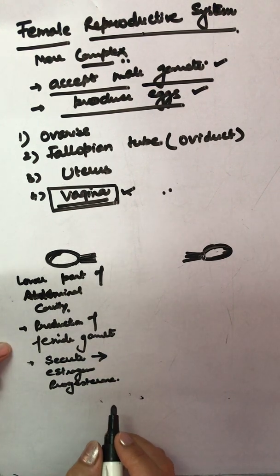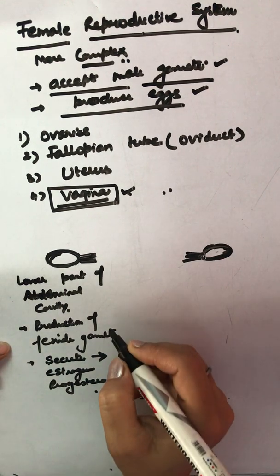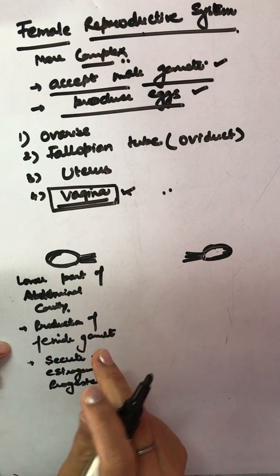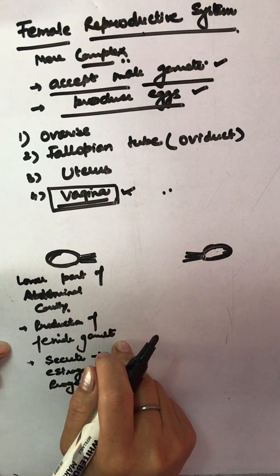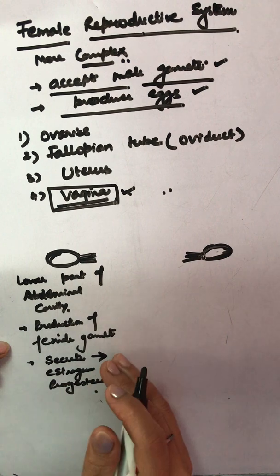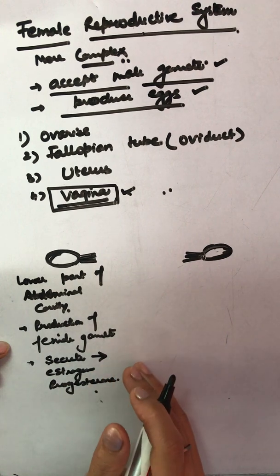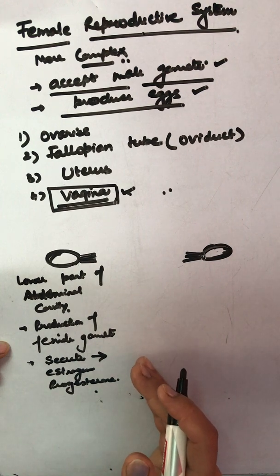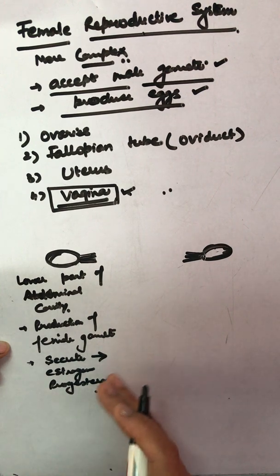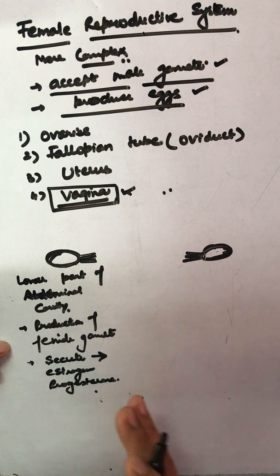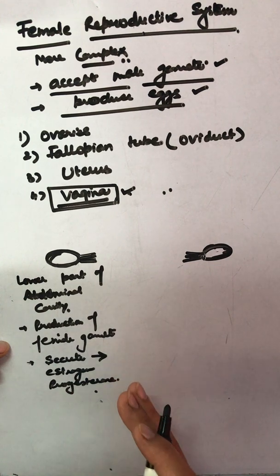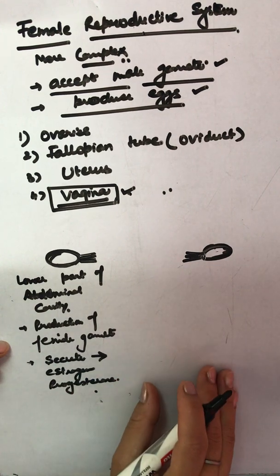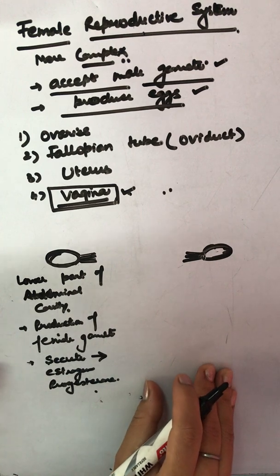So two hormones are secreted along with the production of egg. Each ovary is composed of ovarian follicles. These follicles contain a large ovum, which at the age of puberty will mature and be able to be fertilized. After menopause, the ovaries become small and they lose their follicles.